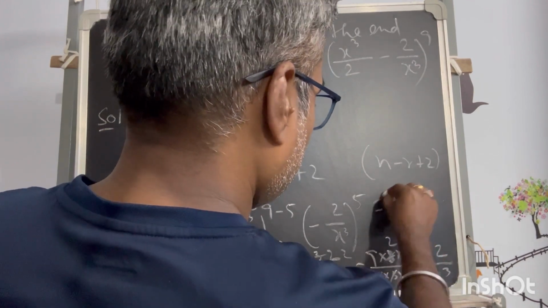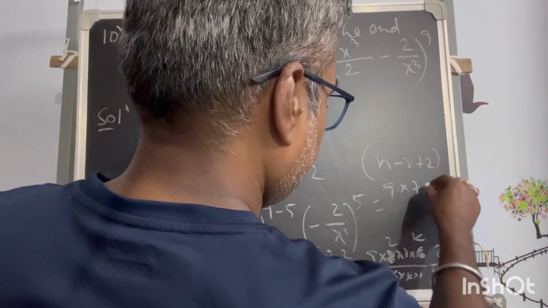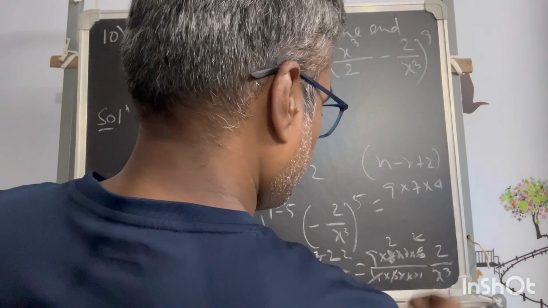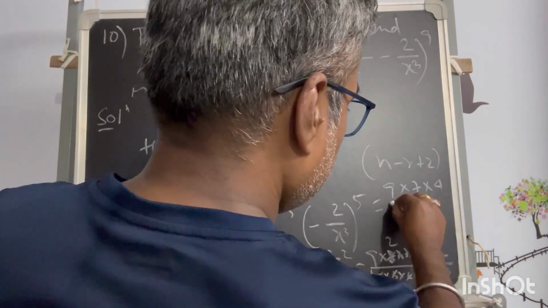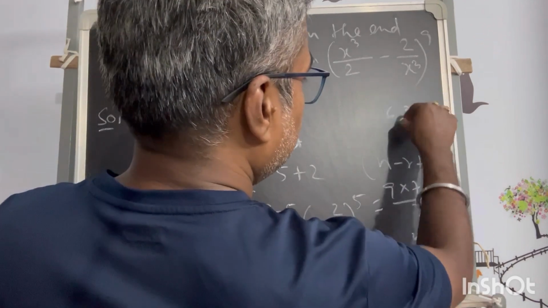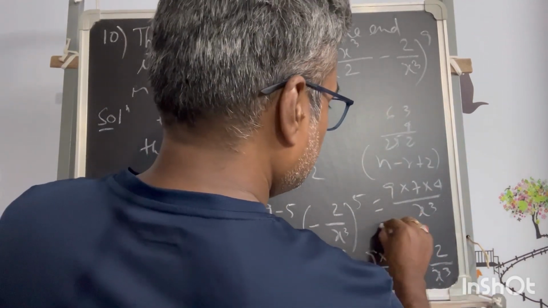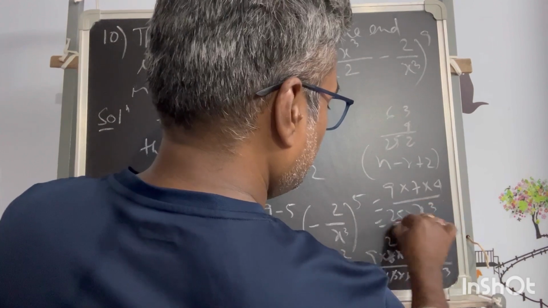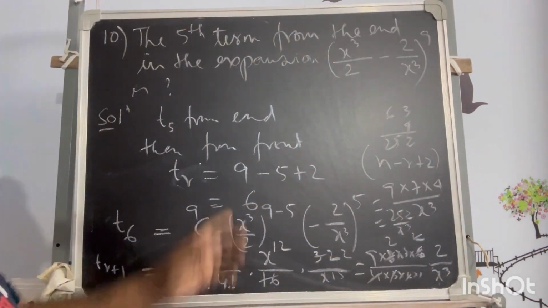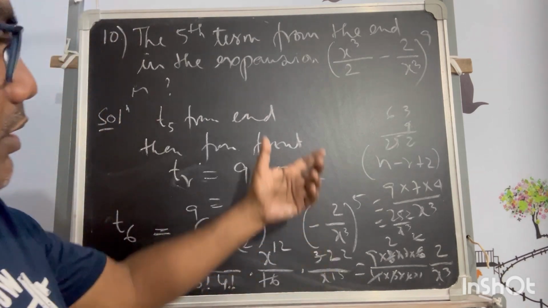Ultimately 9 into 2 to the 4 into 7, at the top this will all cancel and is equal to x cube. Now 63 by 4, 12, 25. So this will be 252 by x cube will be the term.